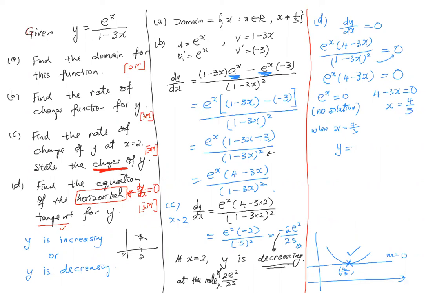Do we sub into the equation y equals to e to the power of x over 1 minus 3x? Yes, you are right. That is how you get the y coordinate, because that point lies on the function. So you sub into here.